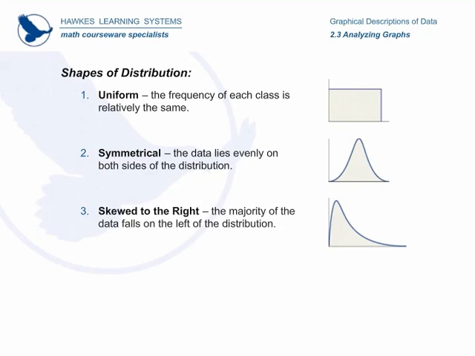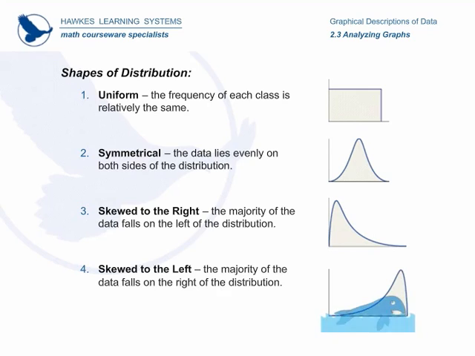Next, for skewed to the right, we see that the majority of the data falls on the left of the distribution. We can see the higher peak of data is on the left, and then it tails off on the right. For number 4, we see skewed to the left, exactly the opposite of skewed to the right.